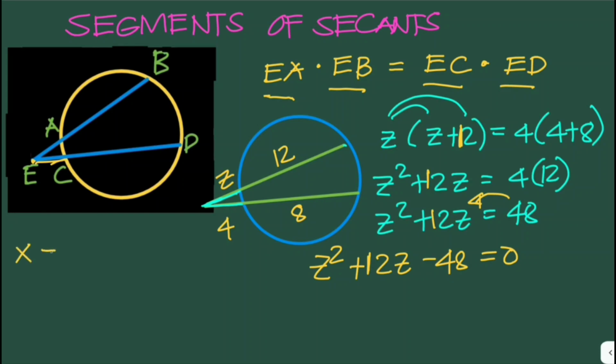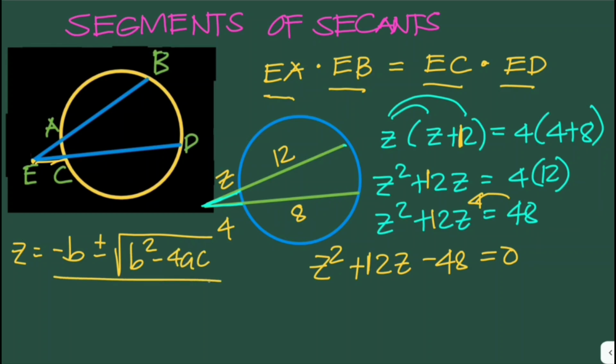You still remember the quadratic formula? In this case, we have z. So this would be z equals negative b plus minus square root of b squared minus 4ac over 2a.